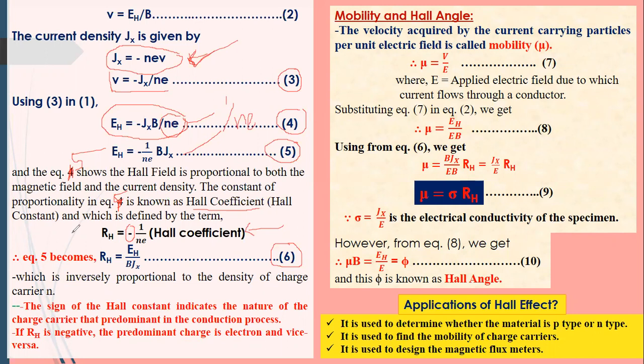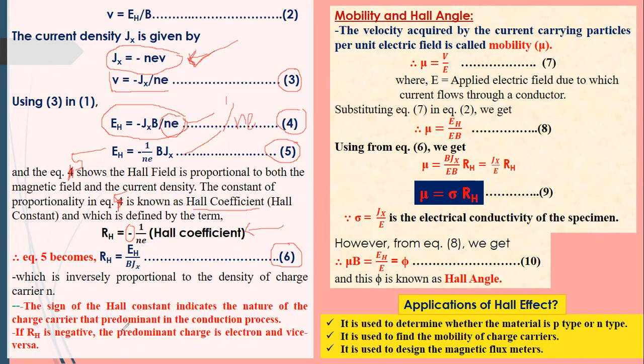Therefore, the measurement of Hall voltage helps us to know the sign of the predominant charge carrier, the charge density, and the mobility of the charge carrier. That information we can calculate by using the Hall coefficient or Hall constant.